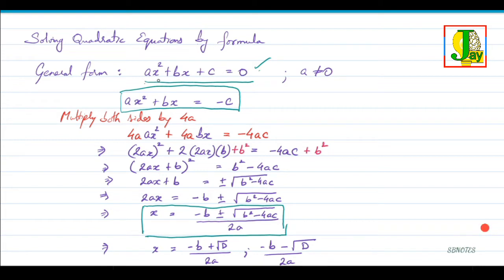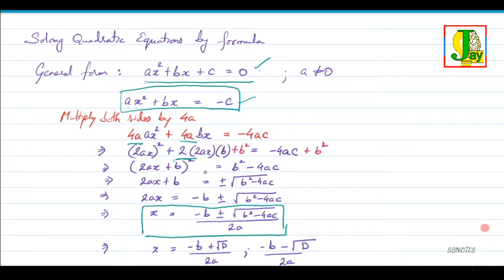We shift or transpose c to the other side, so we get minus c, and then we try to keep the left hand side as a square of something so that we can separate x later. You have to multiply by 4a on both sides, so we multiply 4a with both the terms on the left and also on the right side.